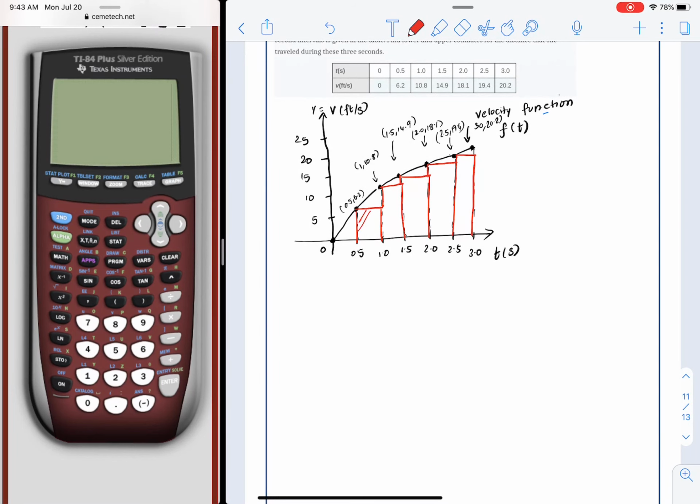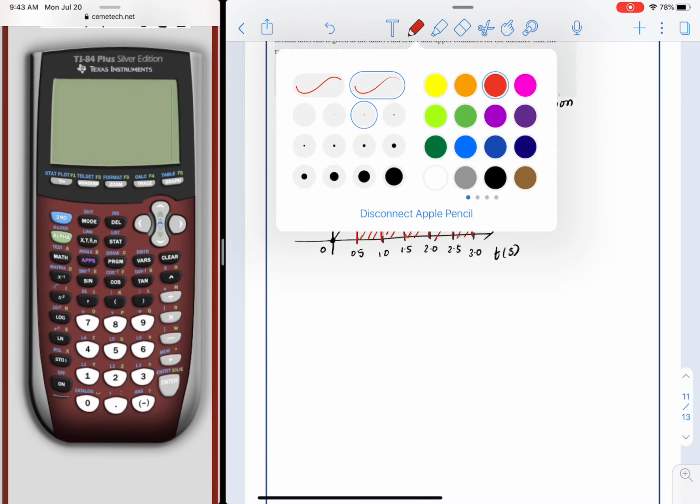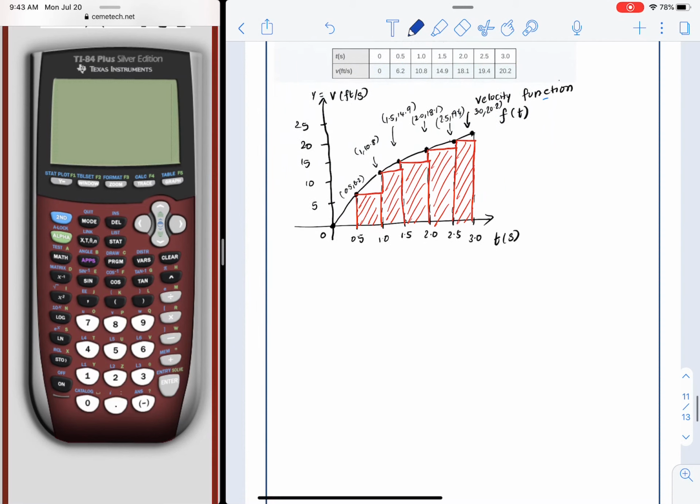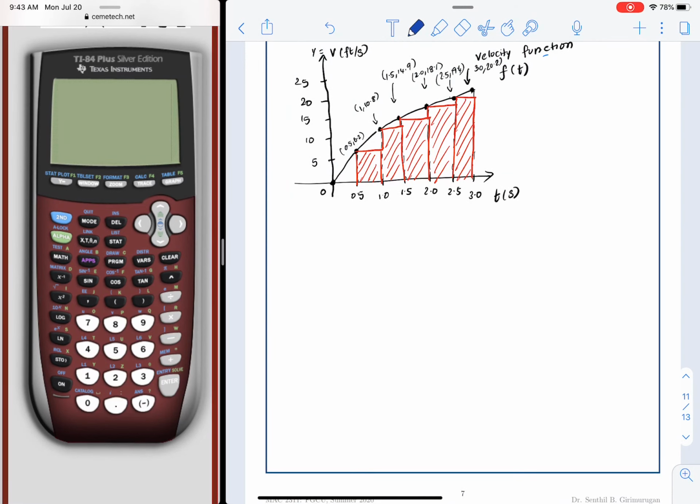So I have 5 rectangles, and I'm going to find the area under the curve, which would give us the distance estimate.